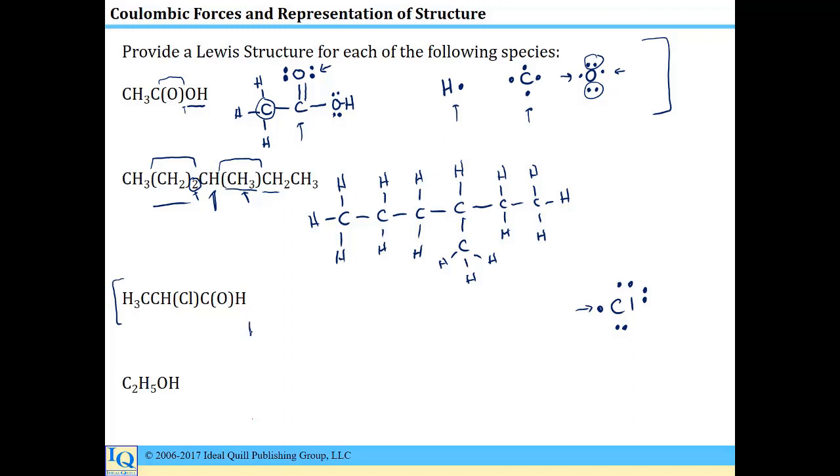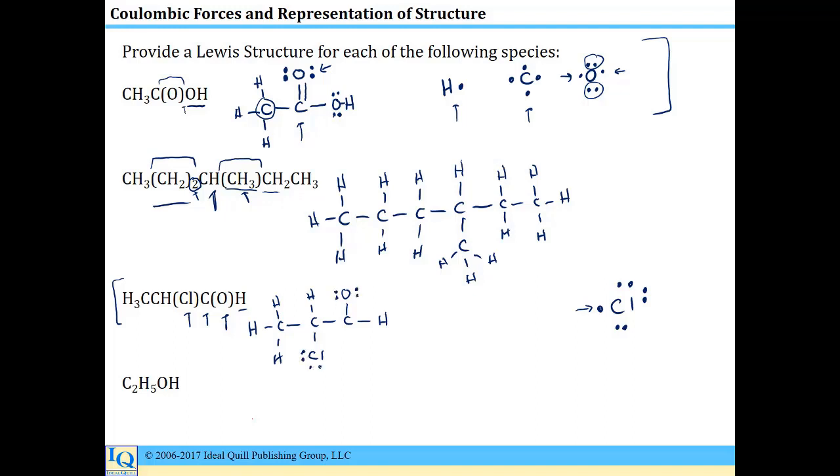Armed with that knowledge, we can now draw our Lewis structure, starting with a CH3 unit at the end. Then we have a CH unit. Coming off of that chain is a Cl. Then we continue the chain with a carbon. Coming off of the chain is an oxygen. And then we have a hydrogen as we continue the chain. We know that oxygen should have 2 lone pairs.